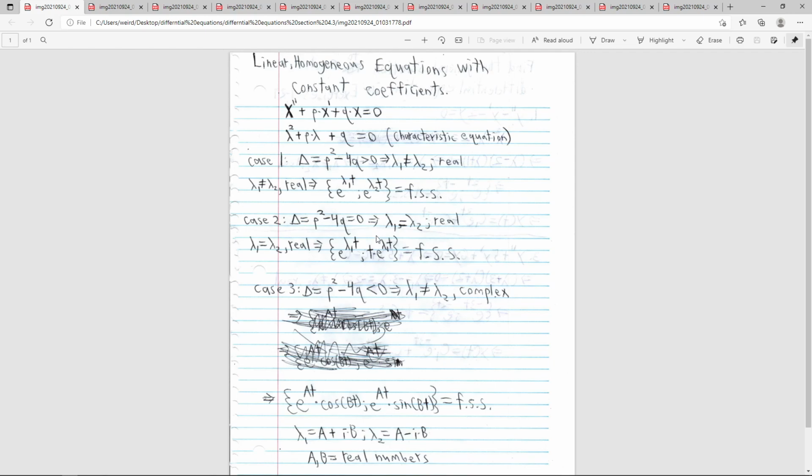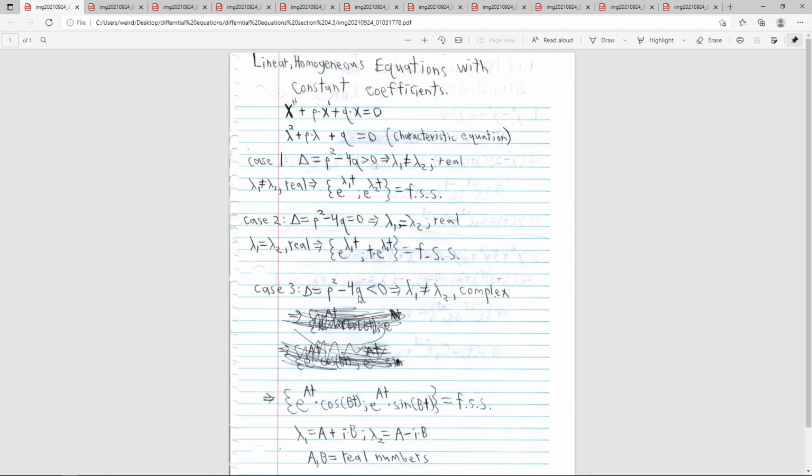As a consequence of needing these to be linearly independent, we have e to the lambda 1t as one solution, and t times e to the lambda 1t. They're both lambda 1t because lambda 1 equals lambda 2, it's just that we add t in here. That's the main difference: the second one is different with t, since they're both raised to the same power.